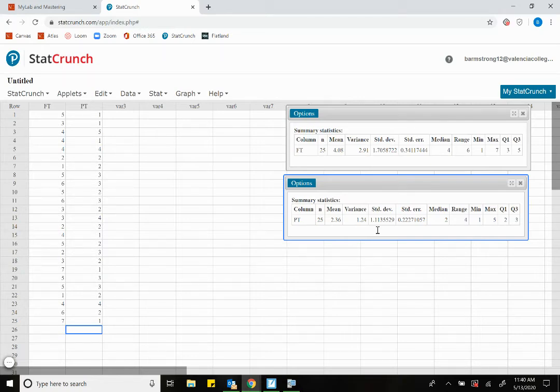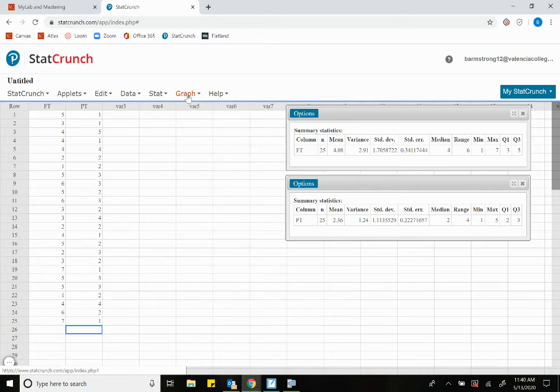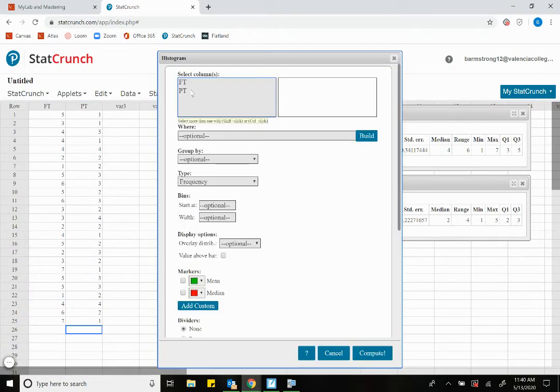So if we looked at a graph, the part-time data would be more symmetrical than the full-time data. Let's take a look at the graph real quick so I can show you, because I said I would show you that a couple minutes ago.